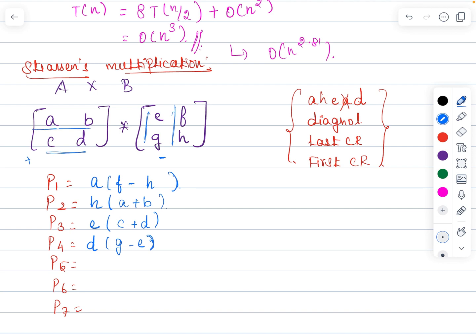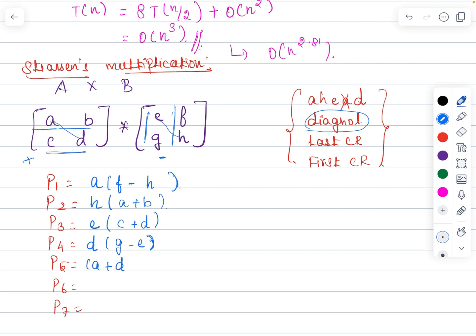That is the formula for P4. For P5, the formula is, imagine this word, diagonal. So diagonally you are going to fetch the value from both the matrices. So diagonally if you take A, D and E, H is there, right. So only for the first 4 formulas this plus and minus operator is applicable. Here, when it comes to P5, 6 and 7, you can erase the previous rules and directly fetch the diagonal values here.